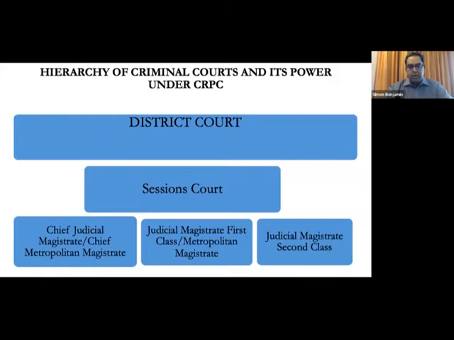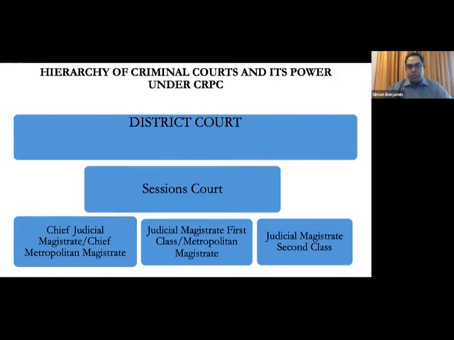So what is this distinction of metropolitan in these different courts? It's nothing but something that's based on population and municipality. I can give you an example of Delhi, which is essentially where I mostly practice. In 1973, we had the new CRPC, and when it came into force, then on 28th March 1974, Delhi was declared as a metropolitan area.